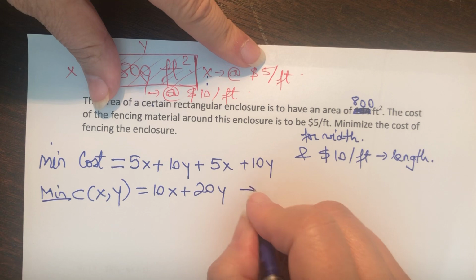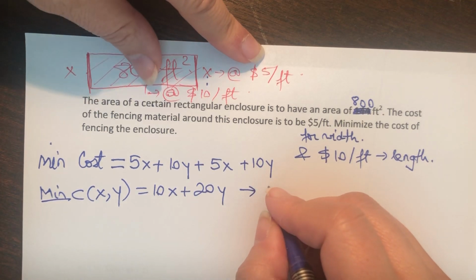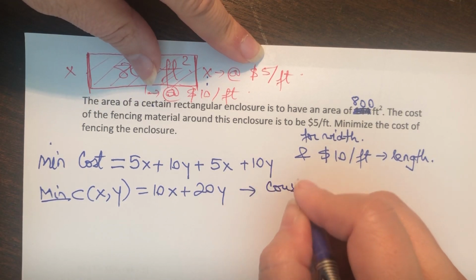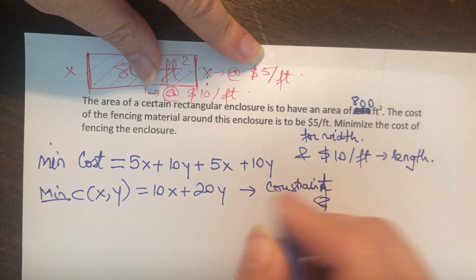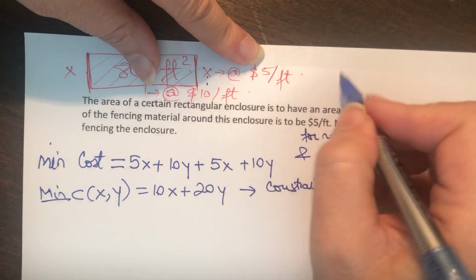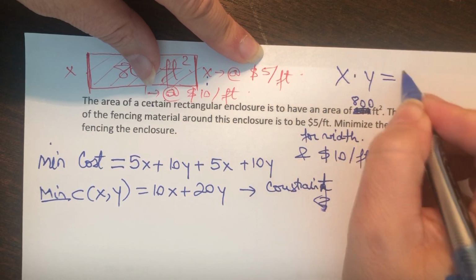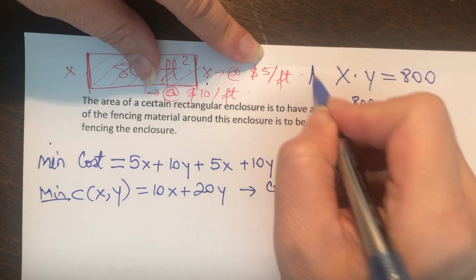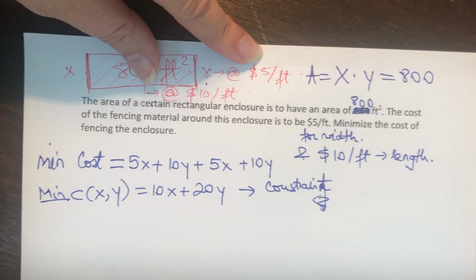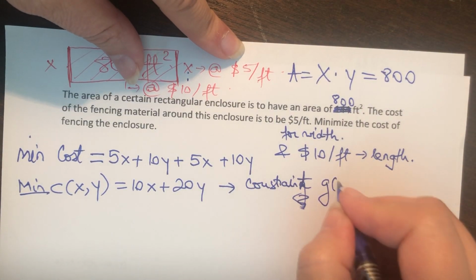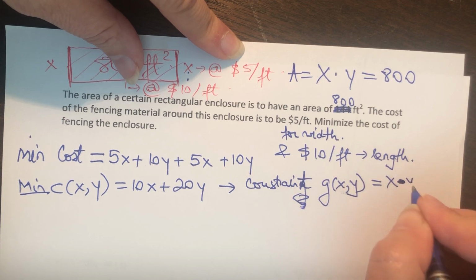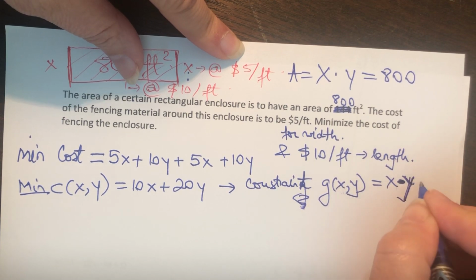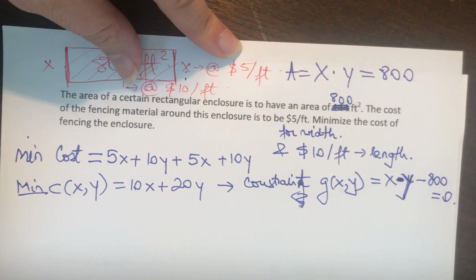What do we know? Under the conditions, our constraint is that the area has to equal 800, right? So that's our condition. Our constraint function will be made into a g function by throwing the 800 over to have it equal to 0.